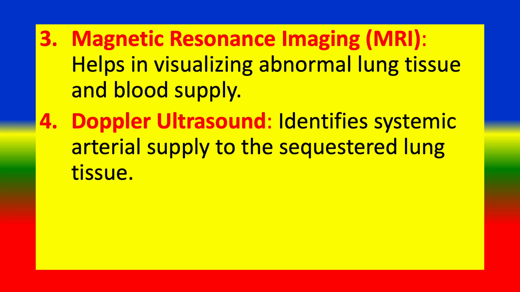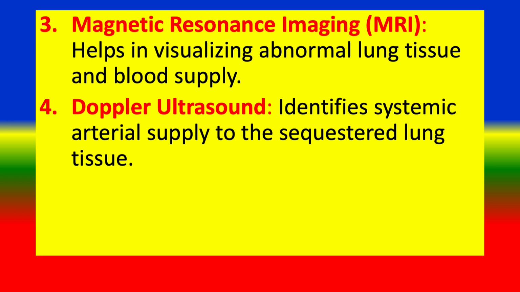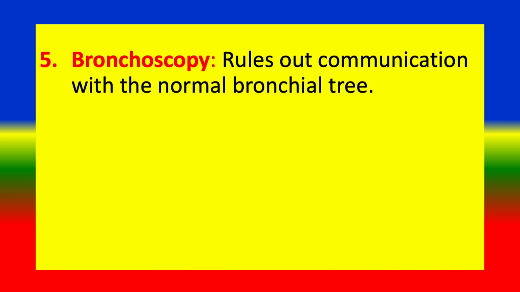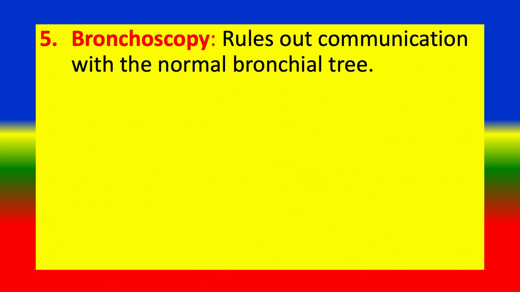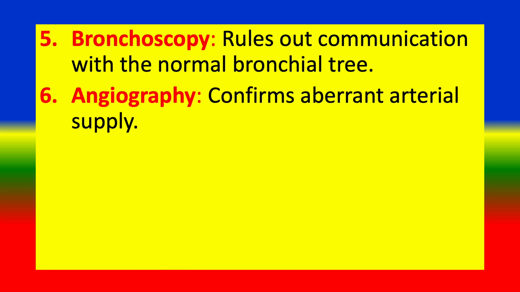Doppler ultrasound identifies systemic arterial supply to the sequestrated lung tissue. 5. Bronchoscopy to rule out communication with the normal bronchial tree. 6. Angiography confirms abnormal arterial supply.